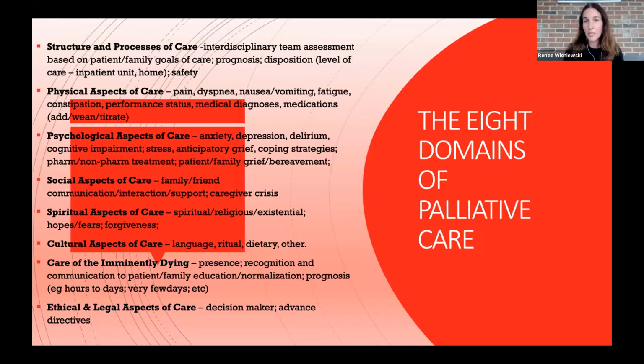So just to familiarize all of you with the 8 domains of palliative care, we look at structure and process. We can see that it's based on patient and family goals. We discuss prognosis, disposition goals. Is it inpatient? Is it home? And discuss safety. Another aspect of palliative care is the physical aspect.